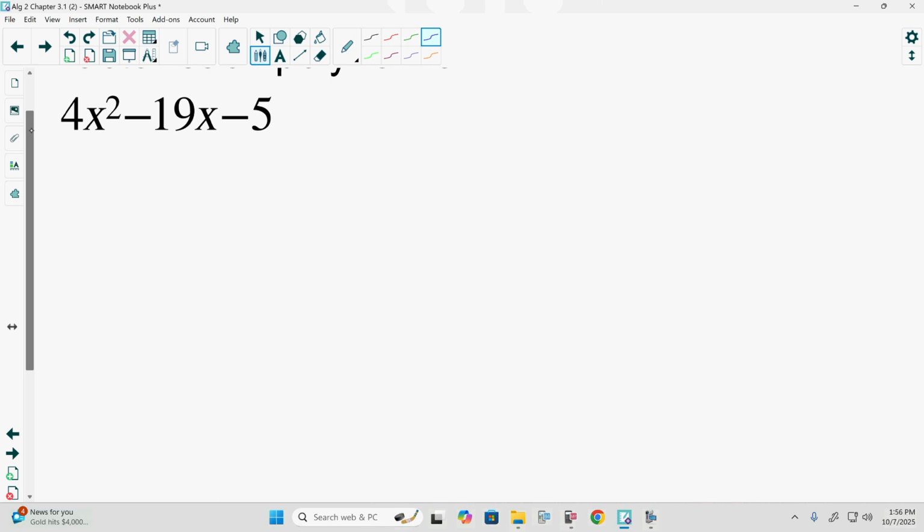Let's look at the next one. 4x squared minus 19x minus 5. There is no greatest common factor, and our number in front of x squared is positive. So we have our two sets of parentheses with 3 spaces. Find the sign.